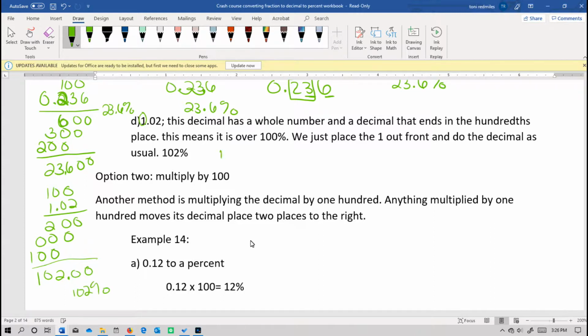I also could have moved the decimal 2 places to the right and gotten 110%. I also could have said what is in the hundredths place, and that is the 2. The 2 is in the hundredths place, so I take everything in front and make it the percent. Everything behind would be behind a decimal.